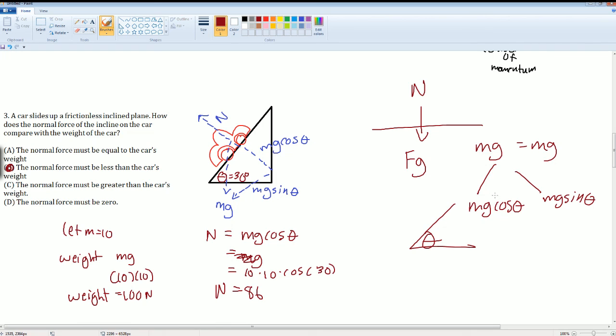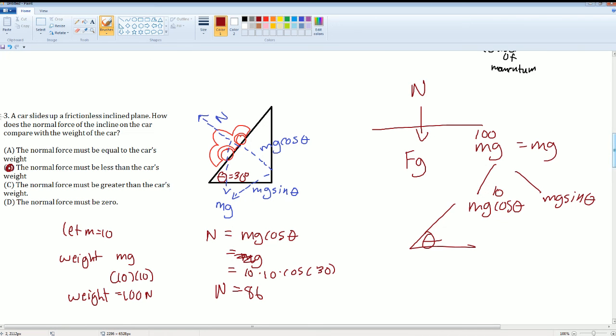So if the weight is like 100, these parts have to be separate values, because there's a cosine part and a sine part. So the force is spread apart on the cosine part and the sine part.